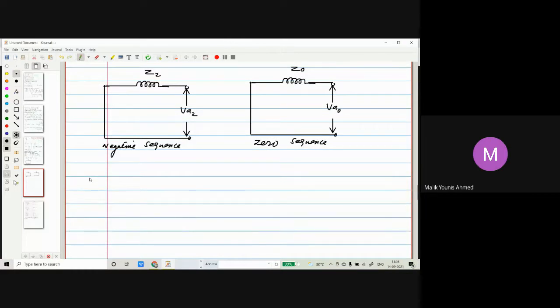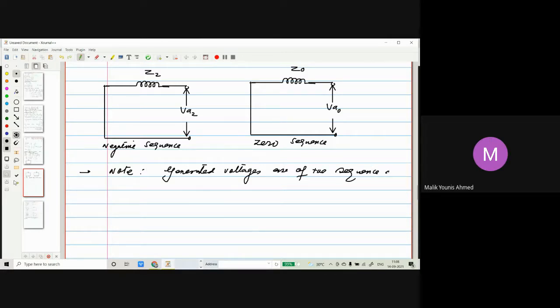Now, what is noteworthy that we have to note here? Number one, the generated voltages are of positive sequence only, as I've already told.